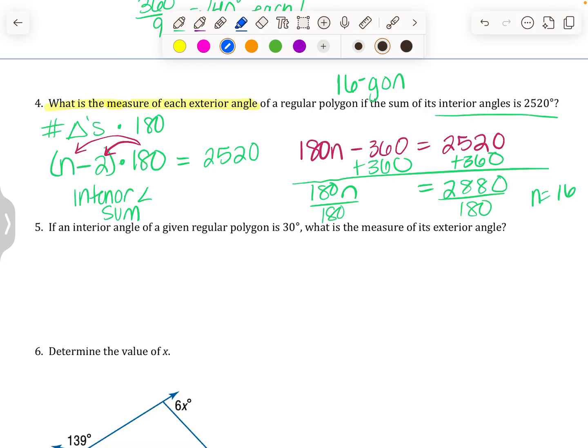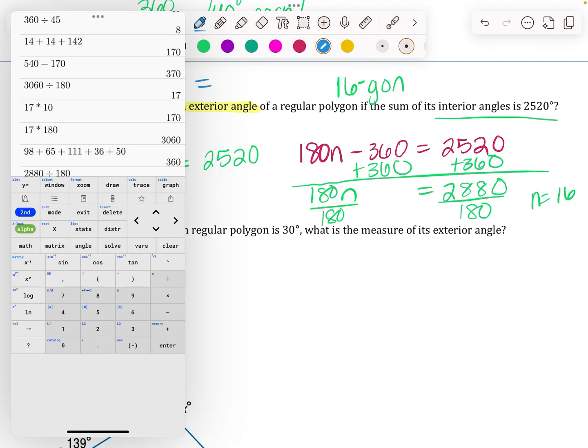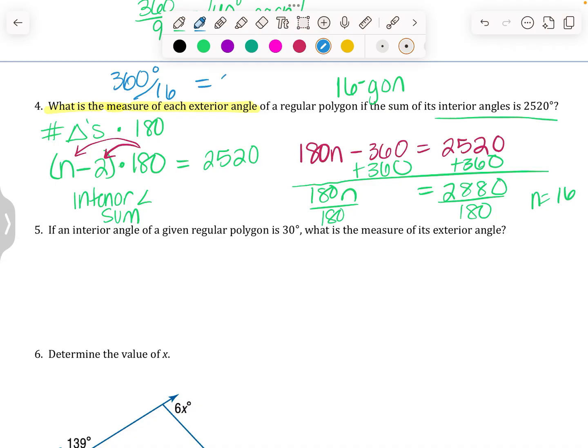So we want to do the exterior angle total, which is 360 degrees divided by 16 angles. I don't think that divides evenly. Okay, so 360 divided by 16 is going to be 22.5. So 22.5 degrees for each exterior angle on that one.